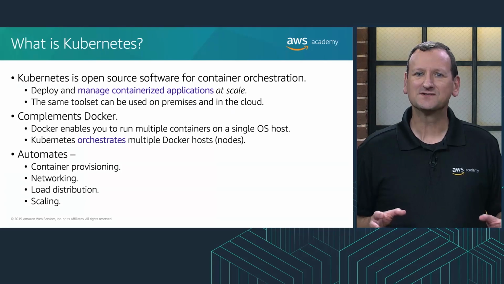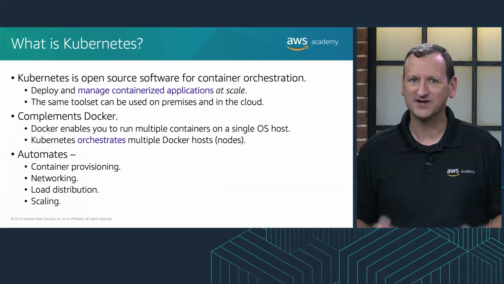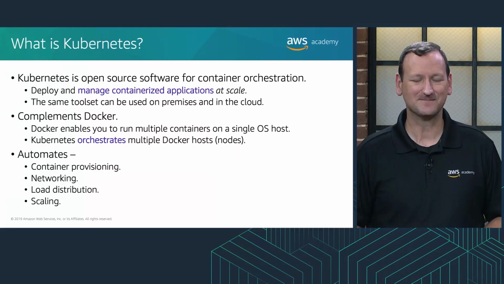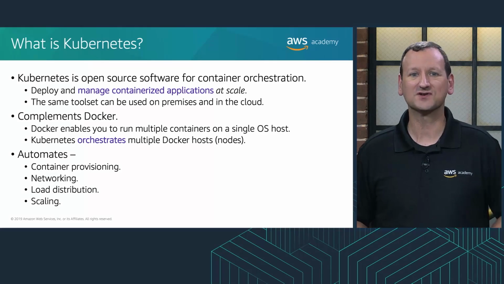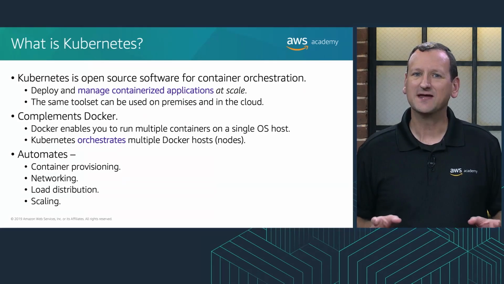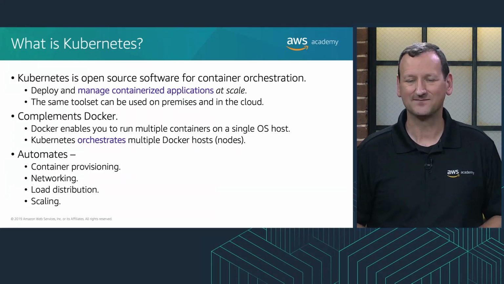Next, we'll discuss an alternative container service to Amazon ECS. However, before we begin, it's important to have a general understanding of Kubernetes. Kubernetes is an open source software for container orchestration. Kubernetes enables you to deploy and manage containerized applications at scale.